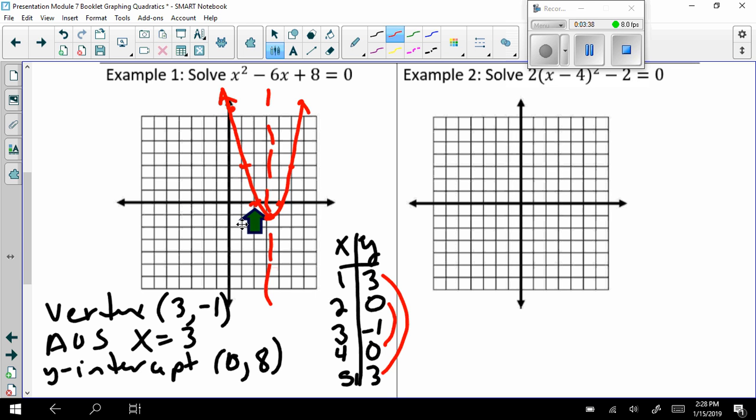Now, when I go to find my solutions to this equation, because I'm equal to 0, I'm not equal to y, I'm looking for my x-intercepts, also called my zeros. So I can look to my graph and see it right here at 2 and right here at 4. Or I can look to my table of values, see where my y equals 0 at 2 and at 4.